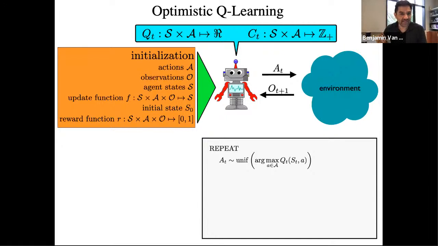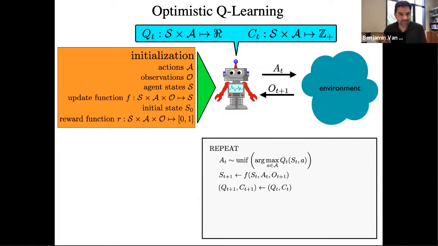And basically, we just want to choose an action that maximizes that. But in order to define this clearly, let's say we uniformly sample across such actions. And then there's the agent state dynamics. The function f was provided to the agent upon initialization, and so the agent can compute its next aleatoric state s_{t+1}, given that it just executed the action a_t and the environment supplied the observation o_{t+1}.